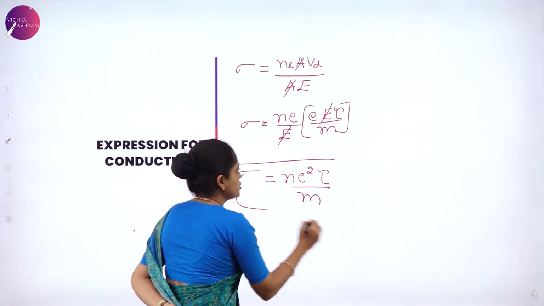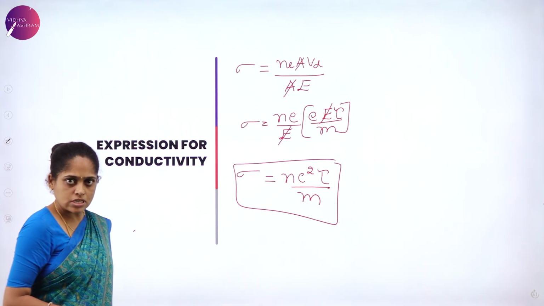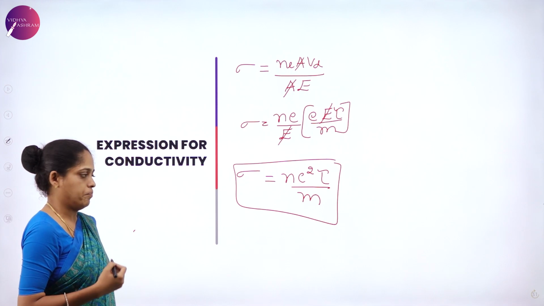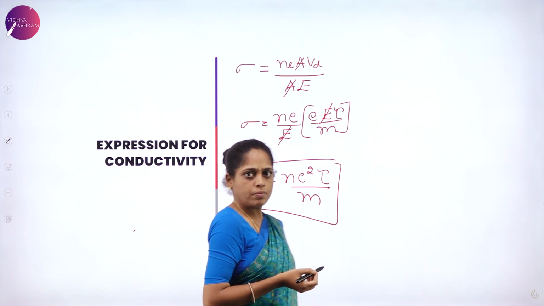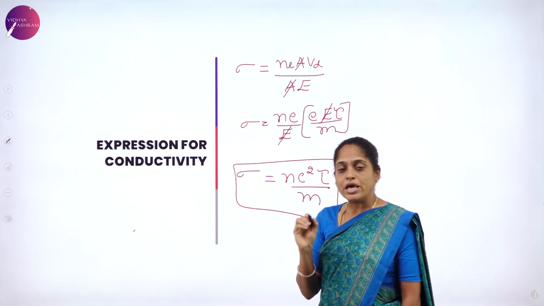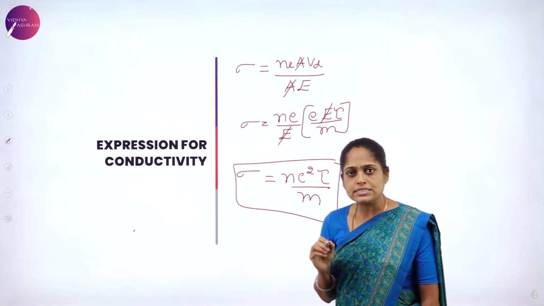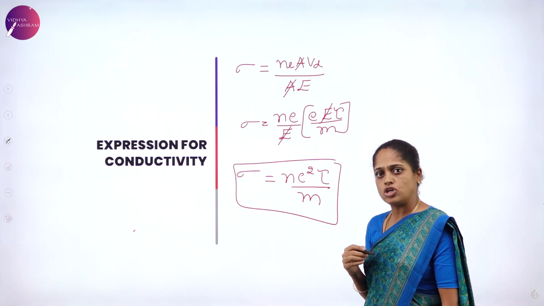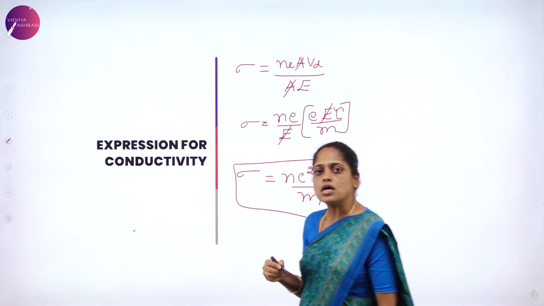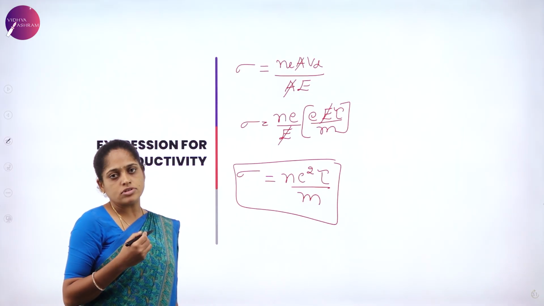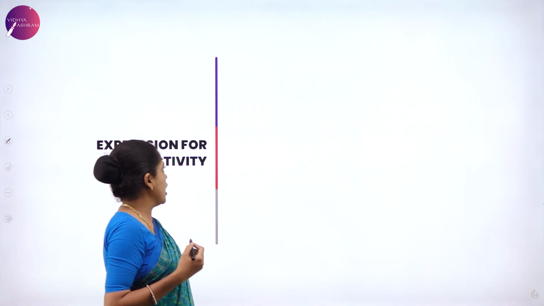This is the expression for the sigma. N is the number of electrons per unit volume, e is the charge of electron, tau is nothing but relaxation time, and m is the mass of electron. This is the expression for the conductivity, which is for 5 marks in your exam.